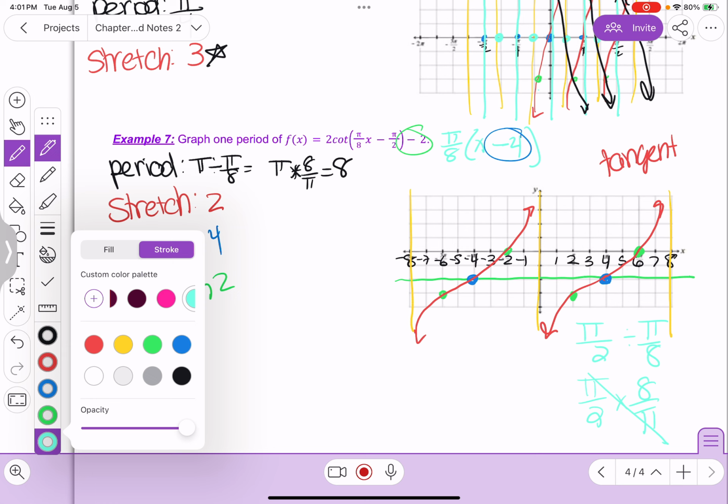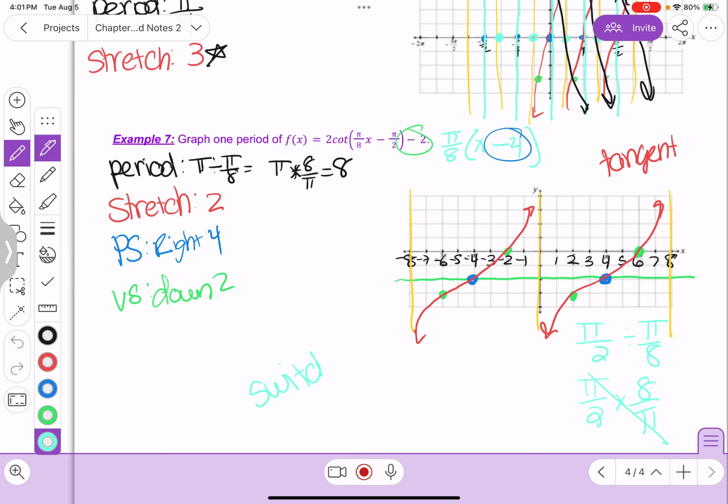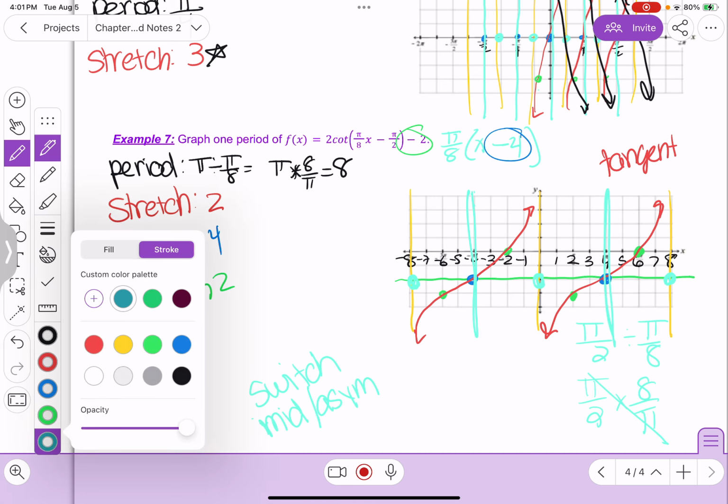So now I switch my midpoints and asymptotes. So the asymptotes become midpoints, the midpoints become asymptotes. And then I use those same dots to draw my cosine.